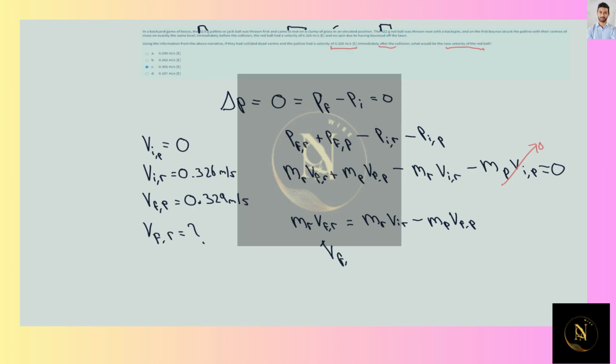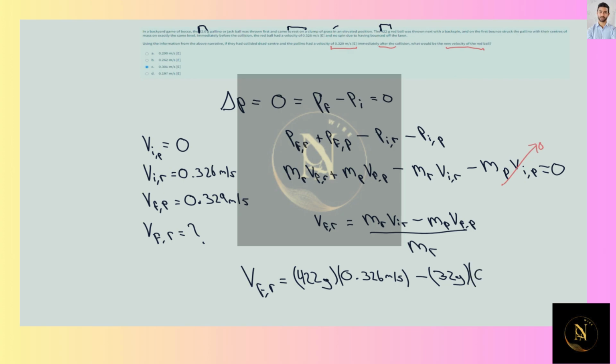For the final velocity of red, we simply pass the mass of red to the other side, dividing. So the final velocity is equal to the mass of red, 422 grams, times the initial velocity for red, 0.326 meters per second, minus the mass of the palino ball, 32 grams, times the final velocity of the palino ball, 0.329 meters per second.